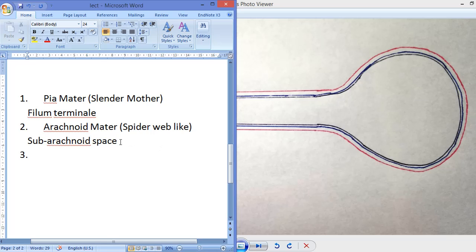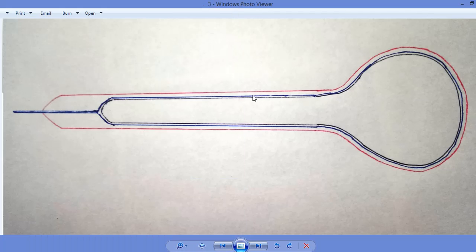Subarachnoid space is very important because in the subarachnoid space 150 ml of the cerebrospinal fluid exists. The cerebrospinal fluid exists in this gap, in this space.